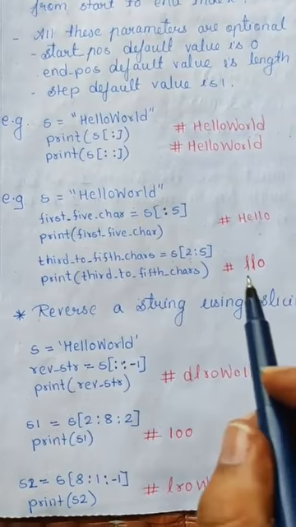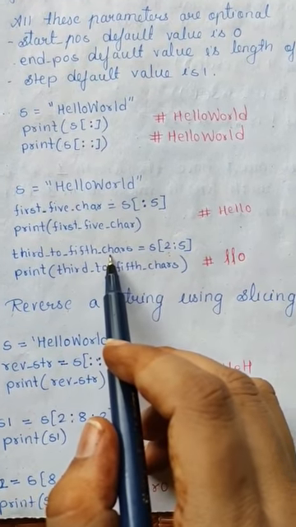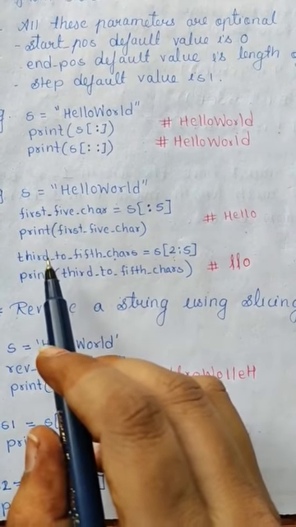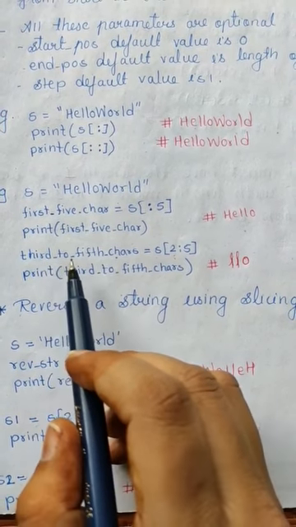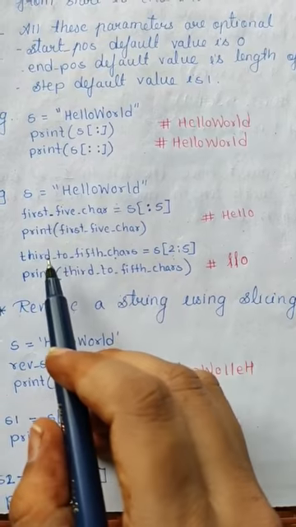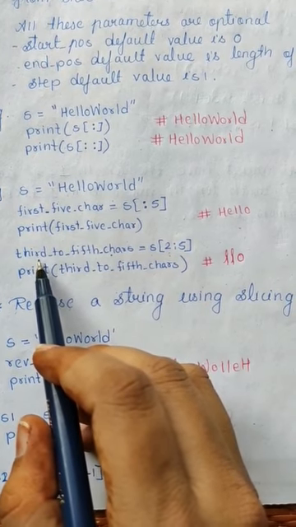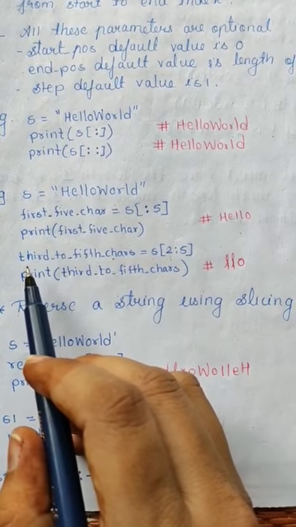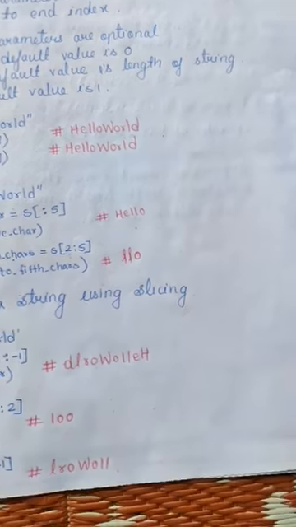Now if I want the 3rd to 5th characters, just understand. The 3rd character will be at one location less, as our index starts with 0. Let me explain once again.